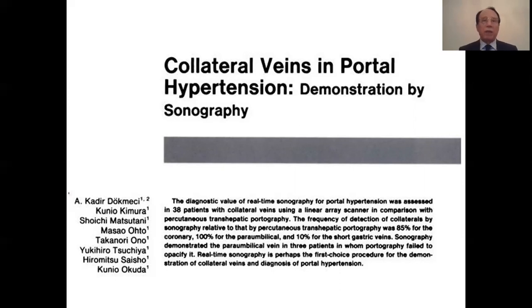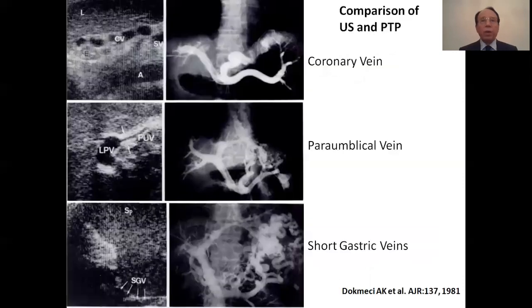One of the earliest studies for the ultrasound diagnosis of portal hypertension, titled Collateral Veins in Portal Hypertension, Demonstration by Sonography, was published in the American Journal of Roentgenology in 1981. In this study, the diagnostic value of real-time sonography for portal hypertension was evaluated in 38 patients with collateral veins using a linear array scanner in comparison with percutaneous transhepatic portography.